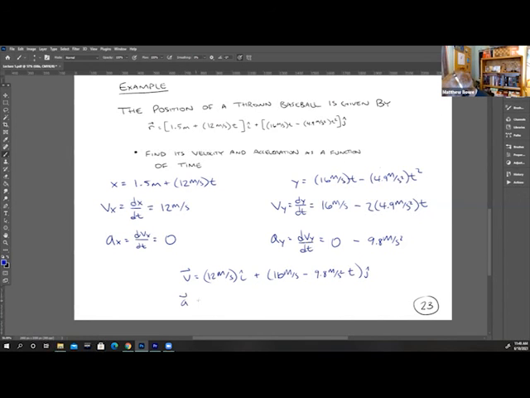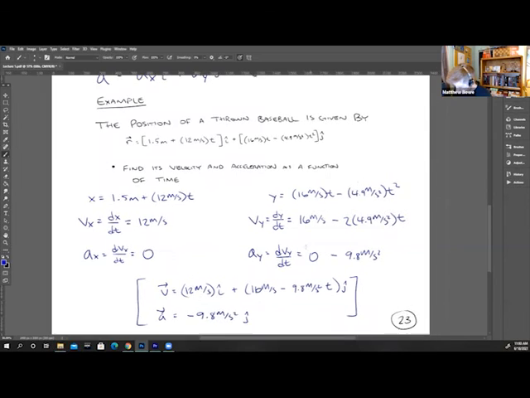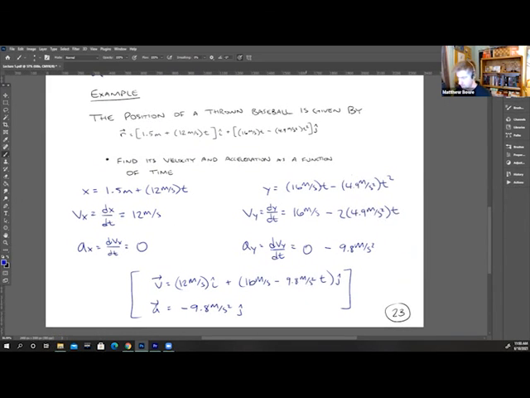And the acceleration term, let's make these better arrows, is just negative 9.8 meters per second squared in the vertical direction. That is our result. Hopefully that will clear things up on what we're supposed to be doing and when and where we're going to be using the derivatives. It's mainly when we have a function given like this.